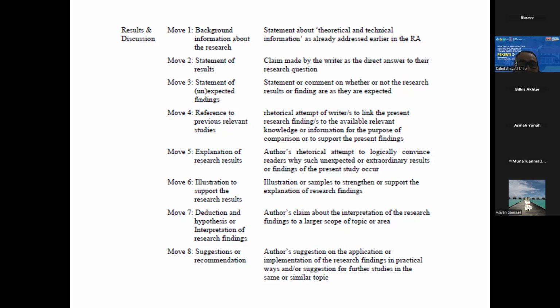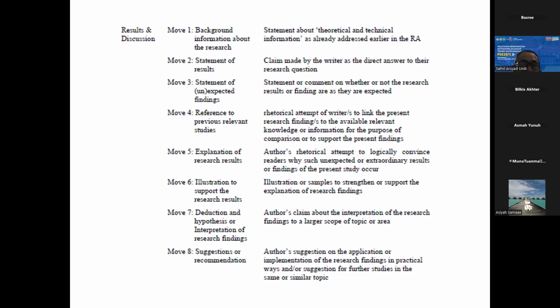And for moves four and five, you need references, because you are arguing here. Move five, for example, when you explain the meaning of your finding, first you give your own opinion or idea, and then to make it stronger, more argumentative, you have to support your opinion or your idea with relevant references.